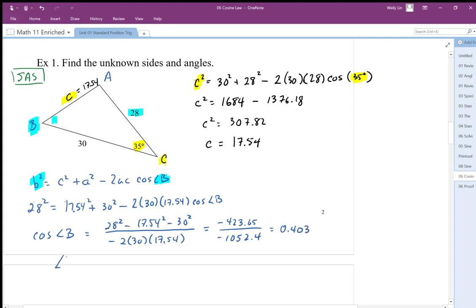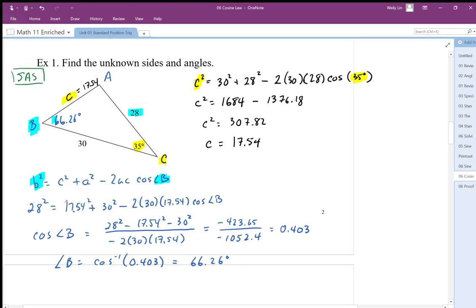When I solve for angle beta, or angle B, I need to use arc cos. I input the ratio. The ratio is positive, so that means my angle is acute. I end up with 66.26 degrees. I don't need to worry about an ambiguous case for cosine law, therefore this is the only angle I can get.